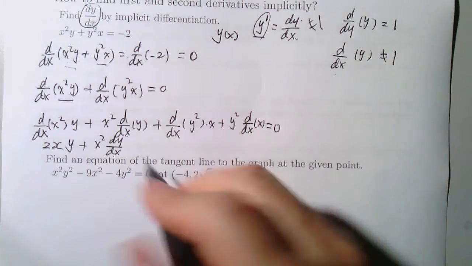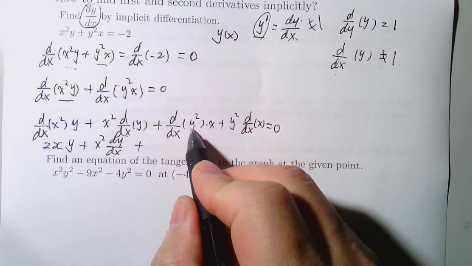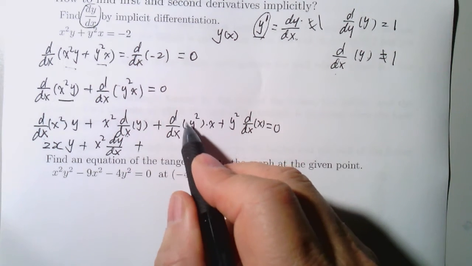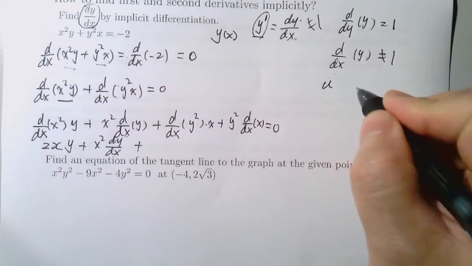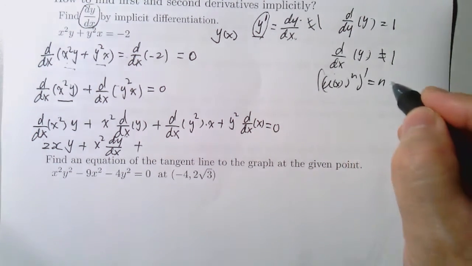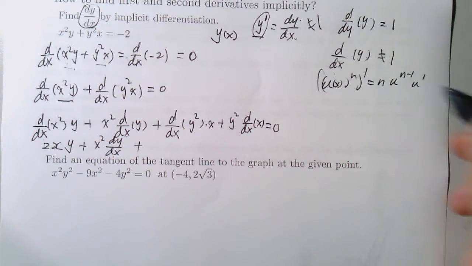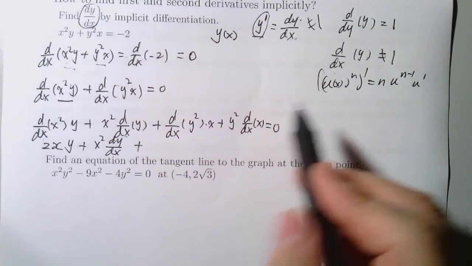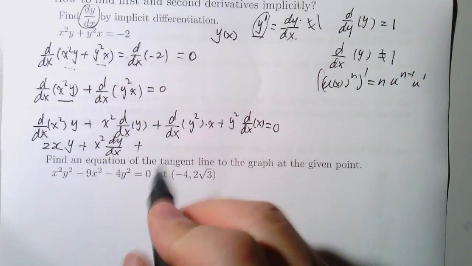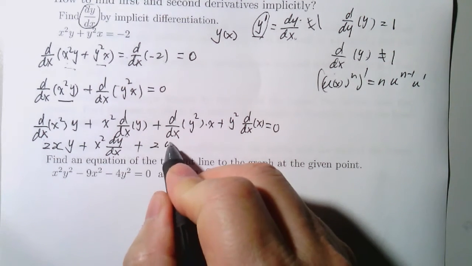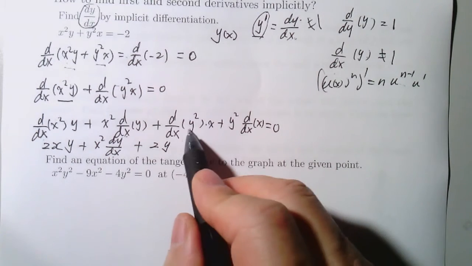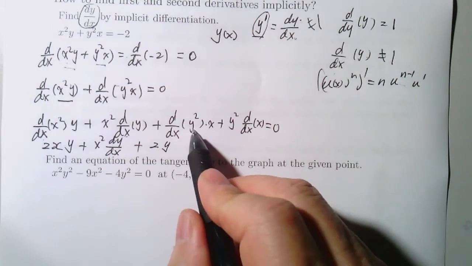Now we have y squared. Here you need to use the so-called generalized power rule. Remember, if you have u of x raised to n, its derivative equals n times u raised to n minus 1 times u prime. Now y is the u. So when you use the generalized power rule, you get 2 and y, because that's n minus 1, 2 minus 1, and y prime, which means u prime, in this case y prime.